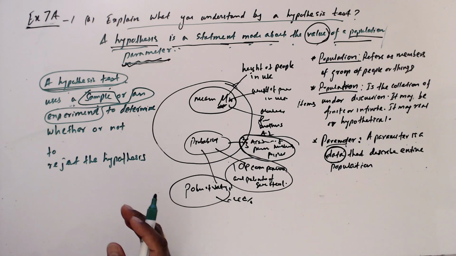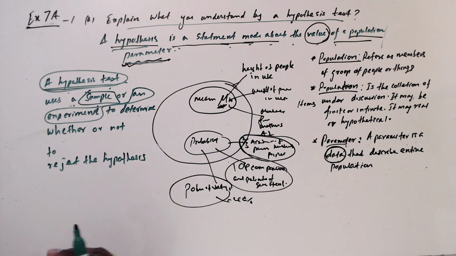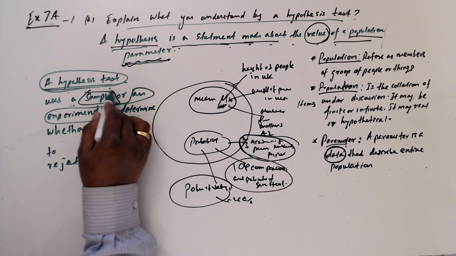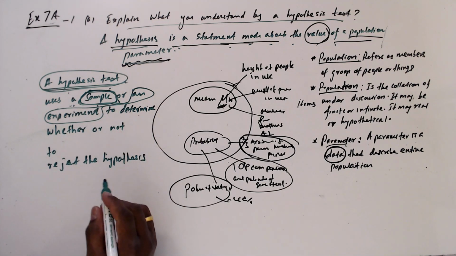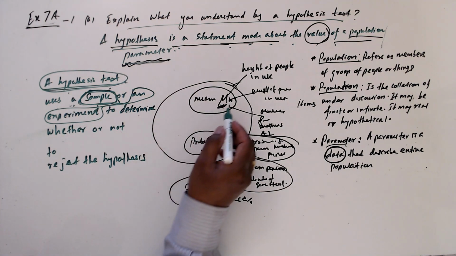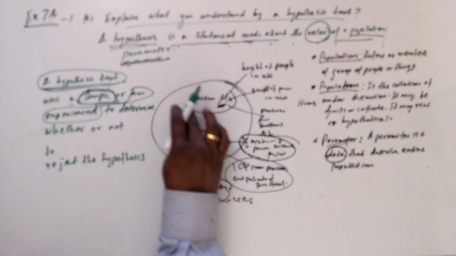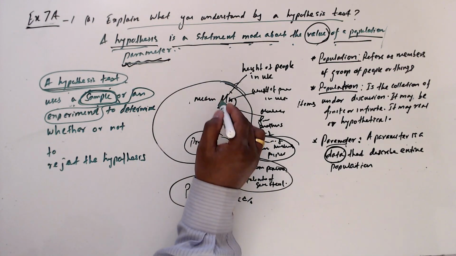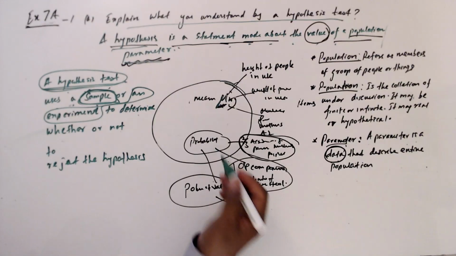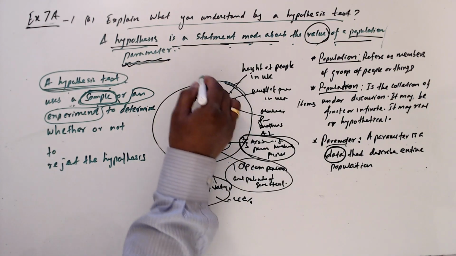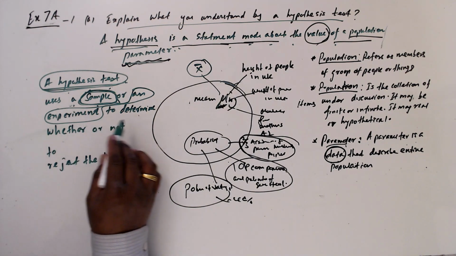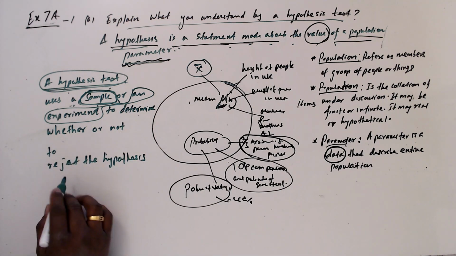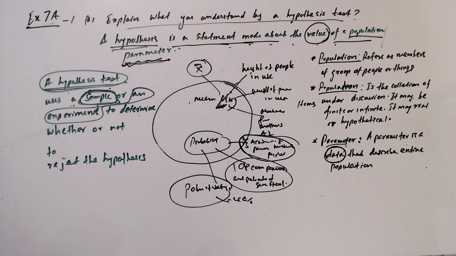Then we did 20 trials, so that is an experiment or a sample. Sometimes if you talk about the mean, you have to take a sample. If you need to know the population mean mu, it's sometimes difficult to find mu. Instead, we take a sample out of it and we get x bar. So we use a sample or an experiment to determine whether or not to reject the hypothesis.